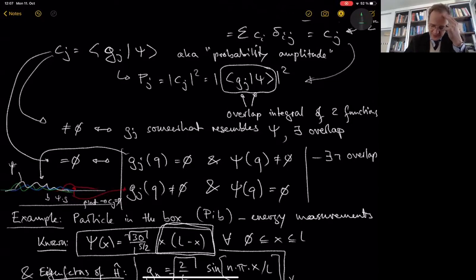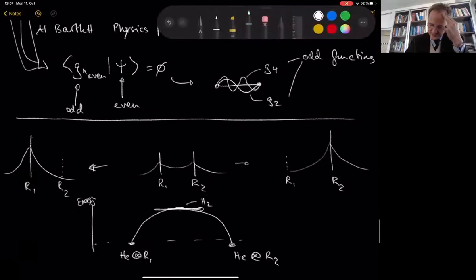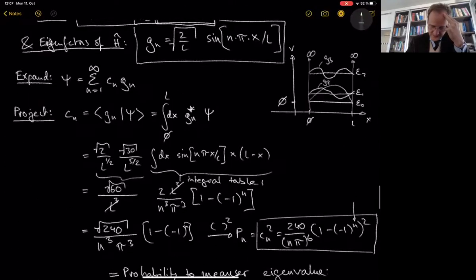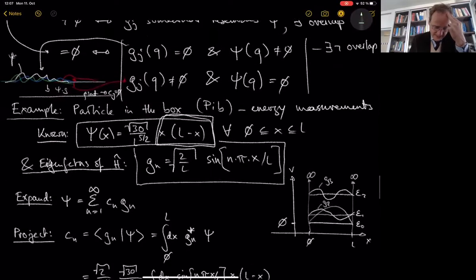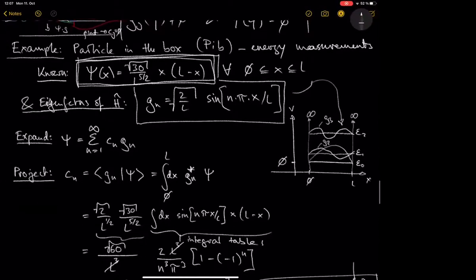So from the total function here, let me go back to this example. I'm very thankful you're asking these things. Here we know the true wave function, so it's a privileged situation. Now this is something quadratic in X. And you also know these eigenfunctions. They're all these sinusoidal functions. Now which one resembles most X squared?